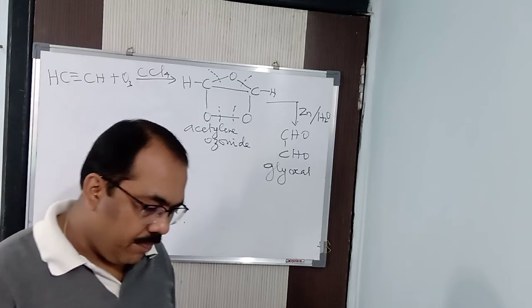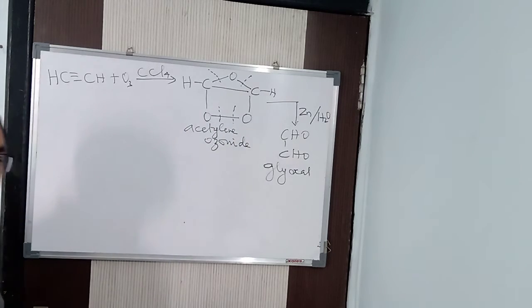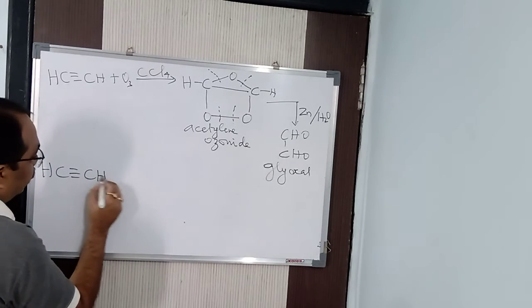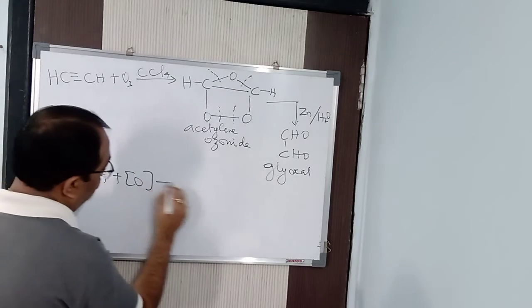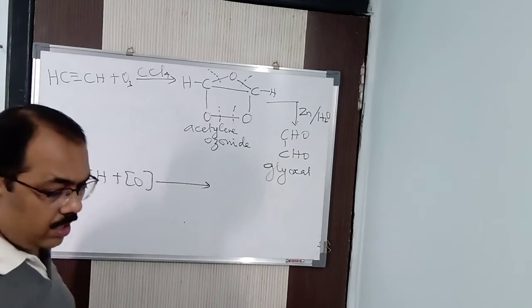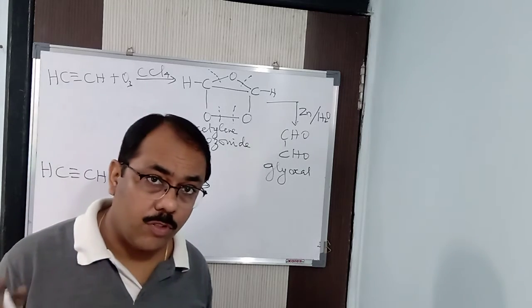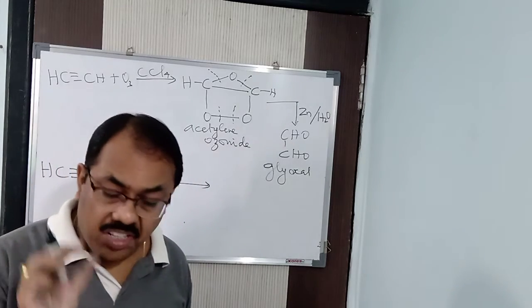Clear? Now similarly, if it is reacting with an oxidizing agent like KMnO4, which will give you nascent oxygen, suppose you take cold dilute KMnO4 solution. Now listen, very important here.